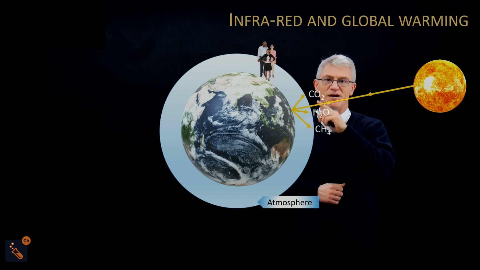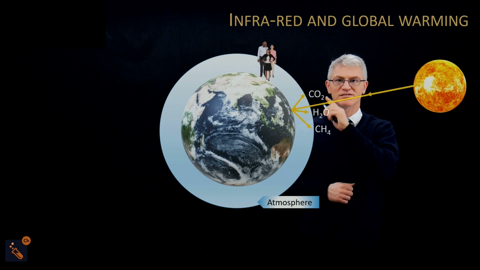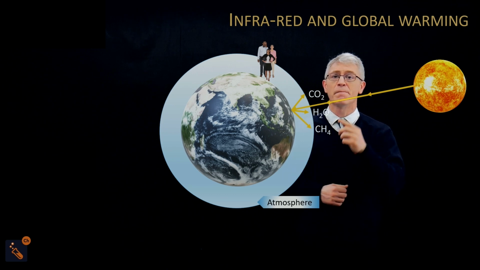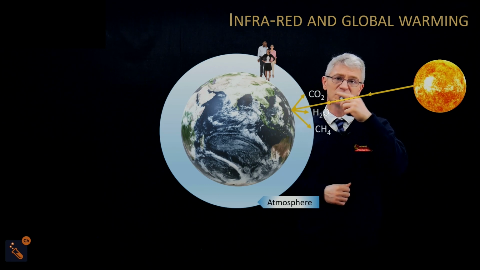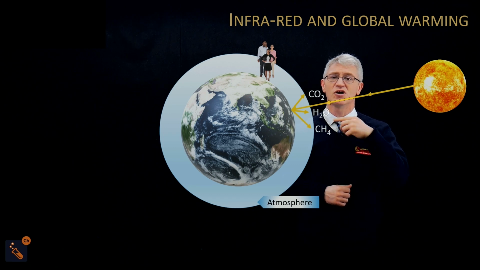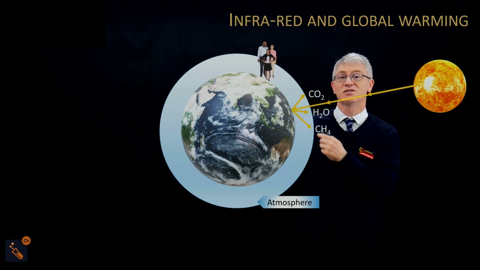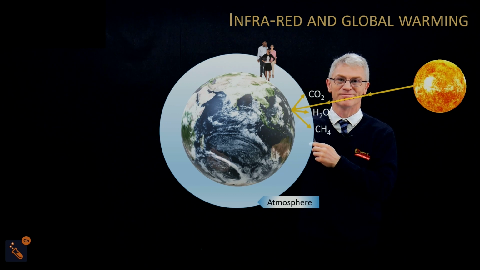Now, it gets trapped by the greenhouse gases. So the greenhouse gases are CO2, H2O, CH4 and others. But this relates to infrared because you know that CO2, H2O and CH4 absorb infrared radiation, because otherwise infrared spectroscopy would not work.